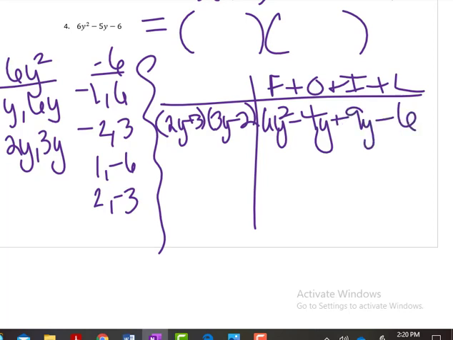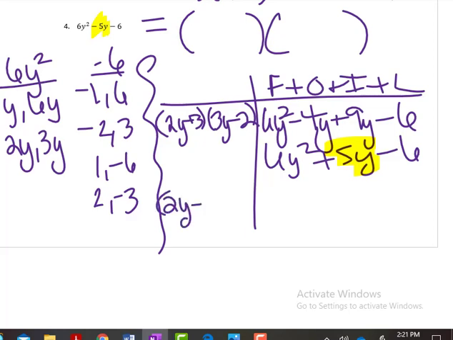I am close here. I'm not quite where I need to be. Now notice that I have a 5y, but what I need, looking at the trinomial that I'm factoring right now, is a negative 5y. Because of experience, I know that I just need to change the signs in the parentheses.